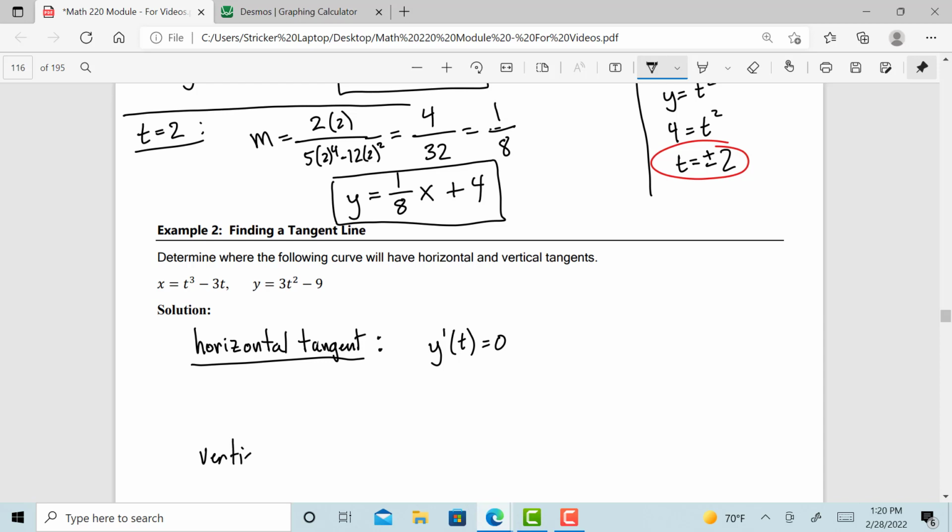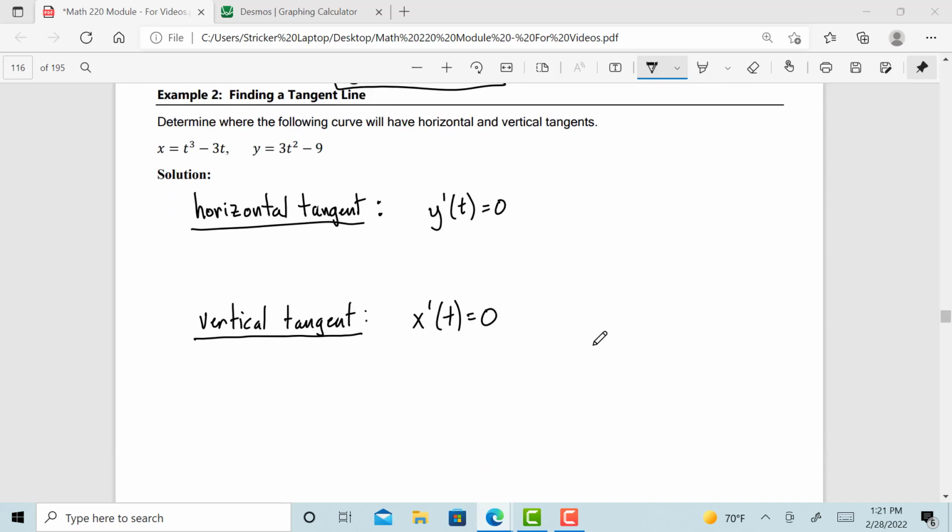And a vertical tangent, then we have a vertical line, x isn't changing, so we would say x prime of t is equal to 0. It's not changing. When you say it's 0, it's not changing. Okay, so let's see what we can do with this.